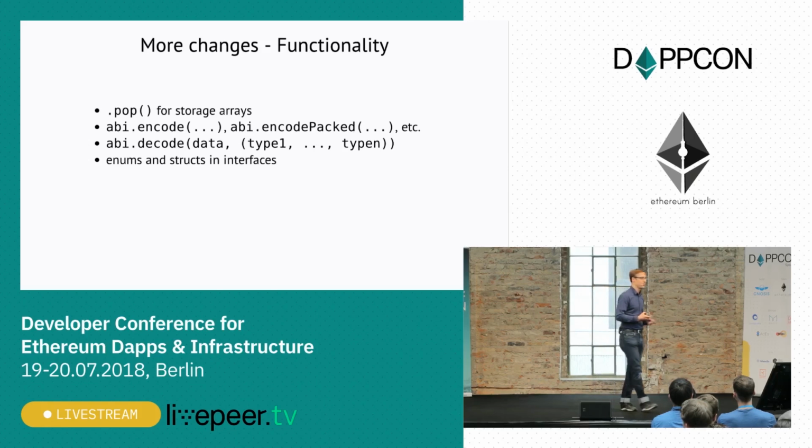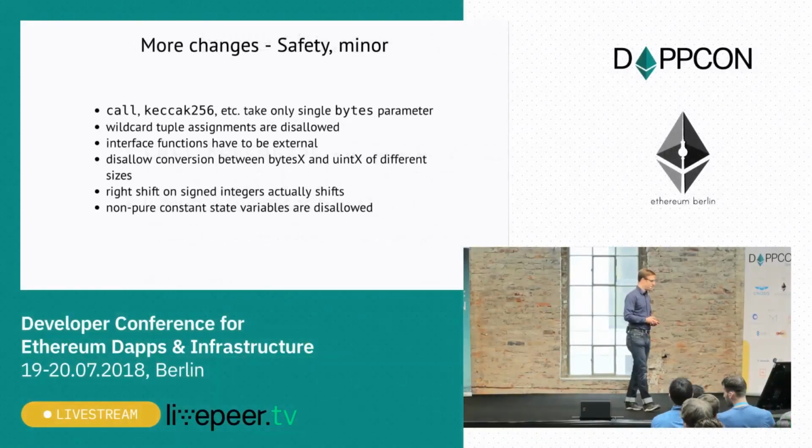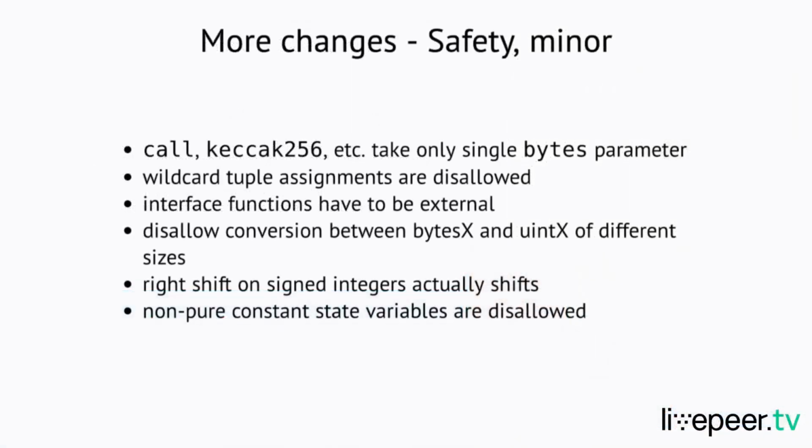So I think this will be quite useful to define more readable interfaces and make interfaces actually useful, I hope. Then we still have some minor safe changes. So the changelog that we currently have is 3 pages long, so I can't explain every single feature, but I hope all of them will be useful.